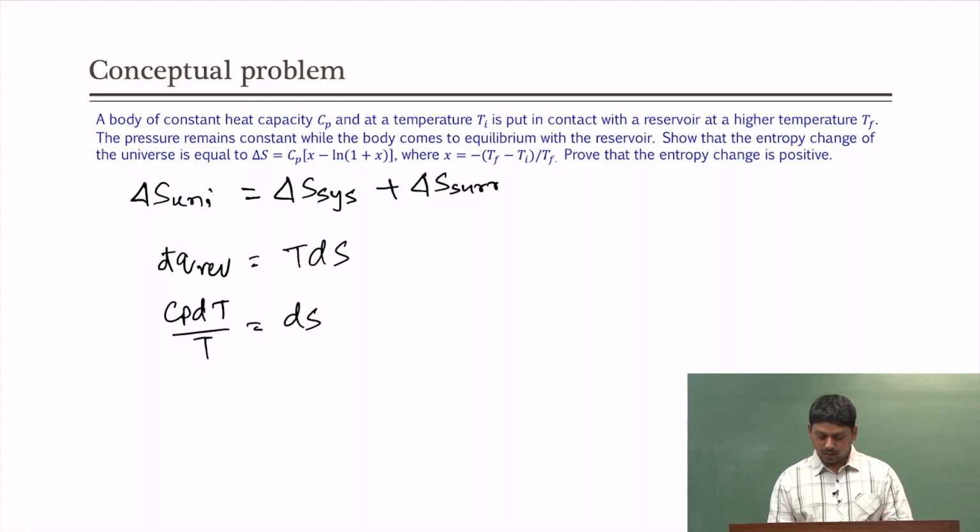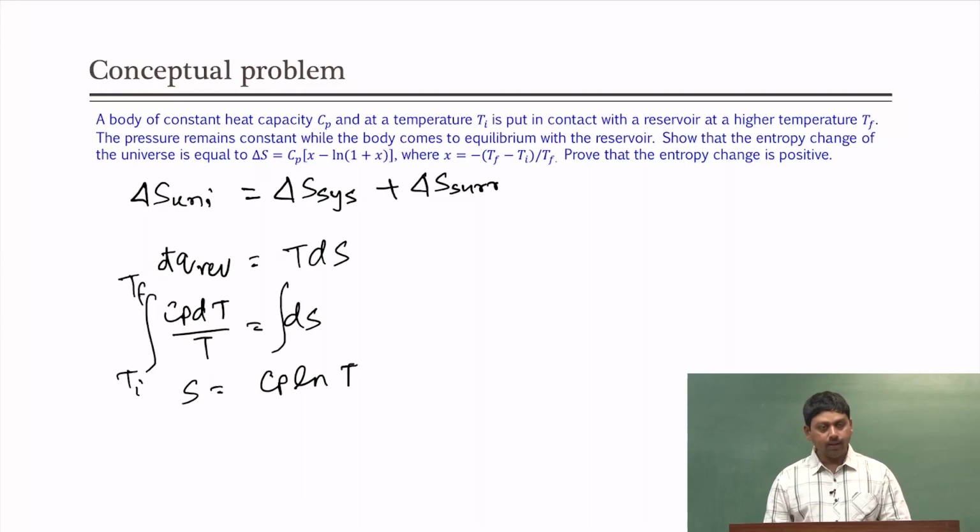Therefore, S is Cp ln T, but we are doing an integration from Ti to Tf. So the change in S, because we are talking about the change from initial to final, delta S is the integral of Cp dT by T going from Ti to Tf. So, it is Cp ln Tf by Ti.